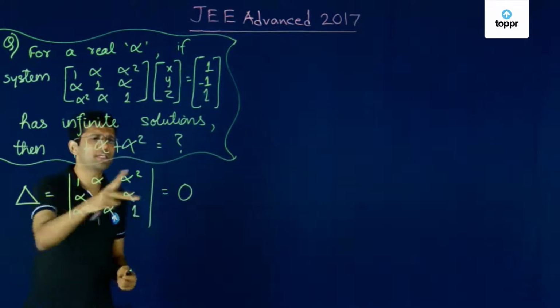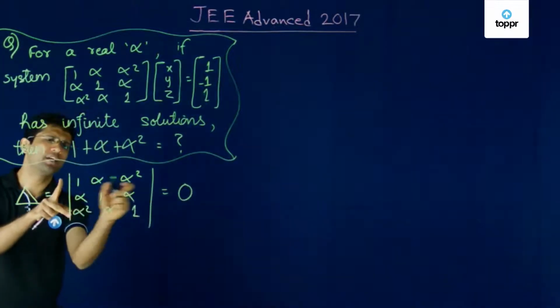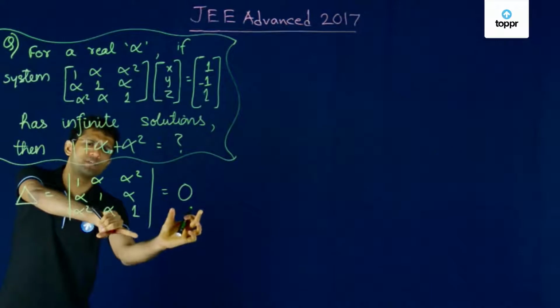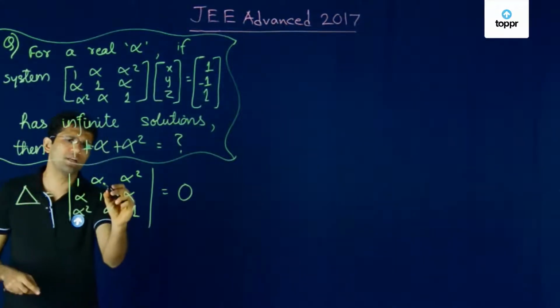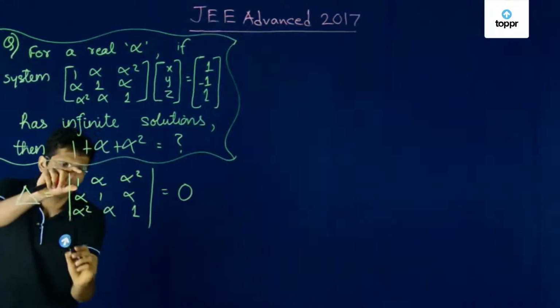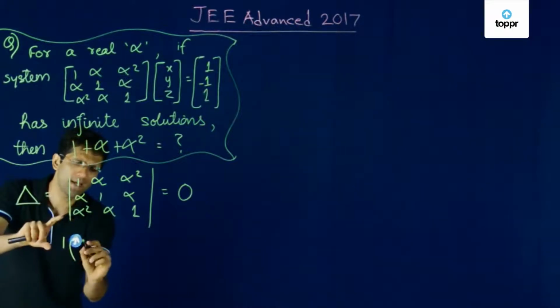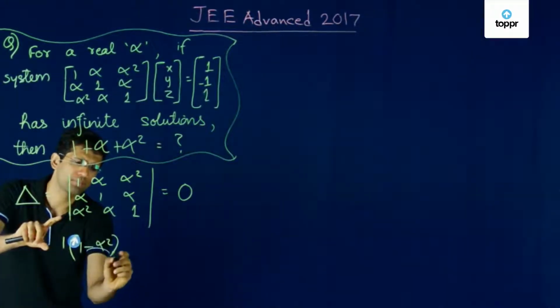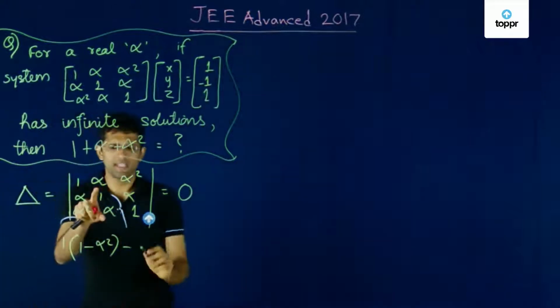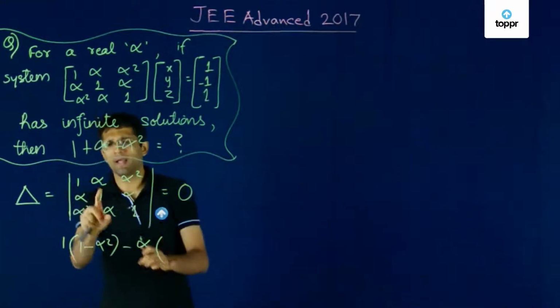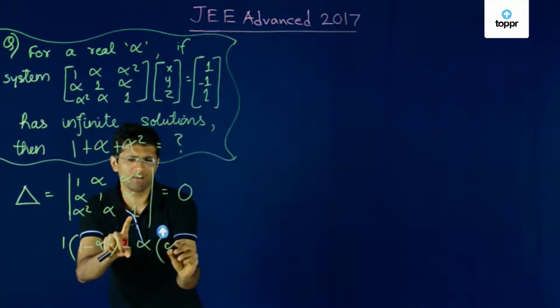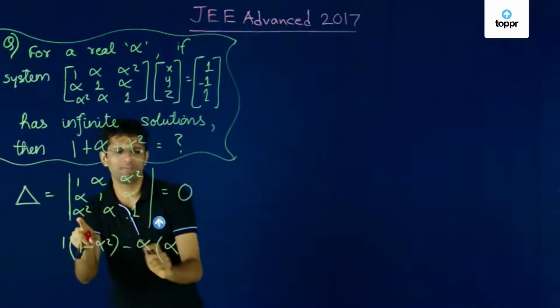Now, because this is equal to 0, we can expand this determinant on the left hand side of this equation. Expanding the determinant in the standard manner, we get 1 into 1 minus alpha square, minus alpha multiplied by alpha into 1, that is alpha, minus alpha square into alpha, that is alpha cube.